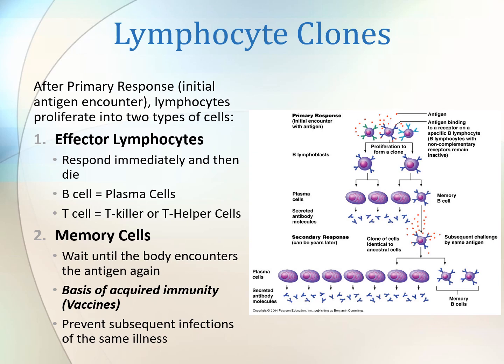And then memory cells are the other cells they produce. And essentially what happens is the memory cells don't go to battle, they don't die, and essentially they wait in the body for another antigenic encounter. And this is the basis of acquired immunity, right? That's why we get vaccines.